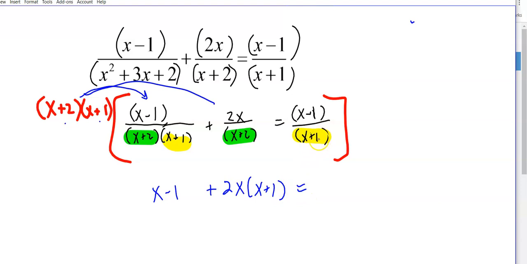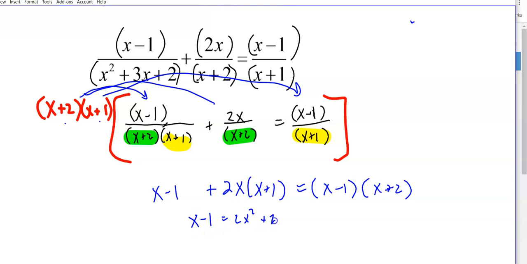And here, don't you think the x plus 1 is going to cancel? When you distribute all the way over to here, the x plus 1s will cancel. So you still have the x minus 1 up there, and you multiply by x plus 2, which is the other one. And now we're going to solve this. So in one step, you just get rid of the denominator so fast, right? So x minus 1 equals 2x squared plus 2x, equals x squared, inside is minus x plus 2x is plus x minus 2.